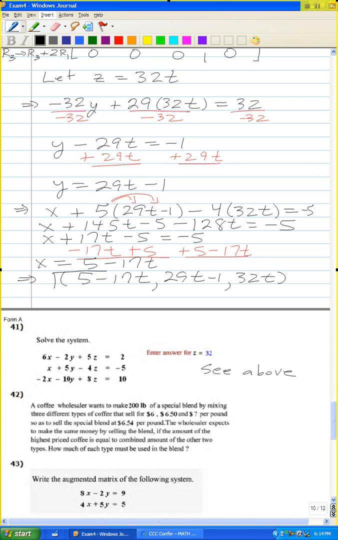So that is my one parameter family of solutions. And then notice that when t equals 1, z is 32. 5 minus 17 is a negative 12. 29 minus 1 is 28. And 32 times 1 is 32. So that's my particular solution when z is 32. Okay.